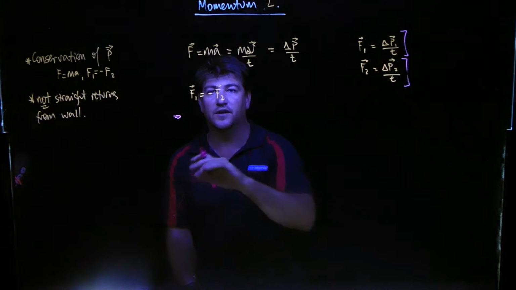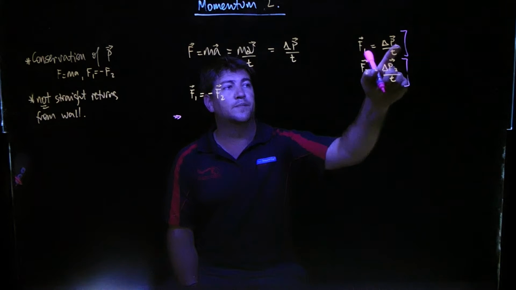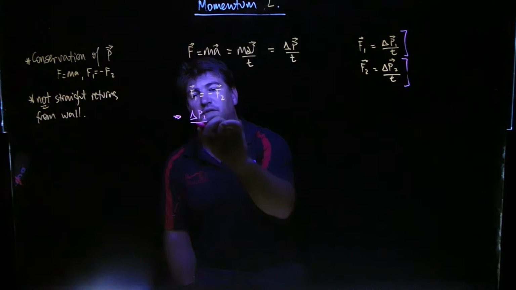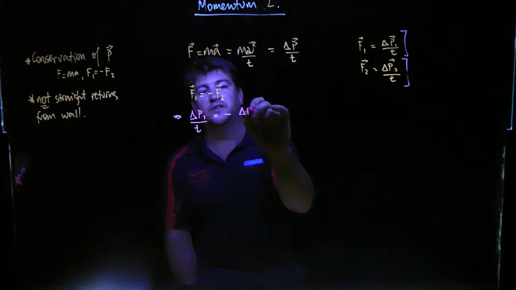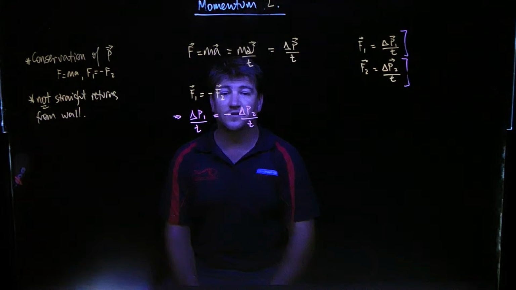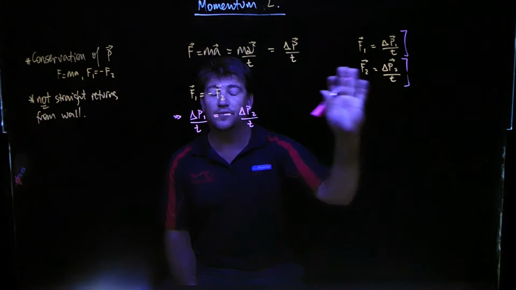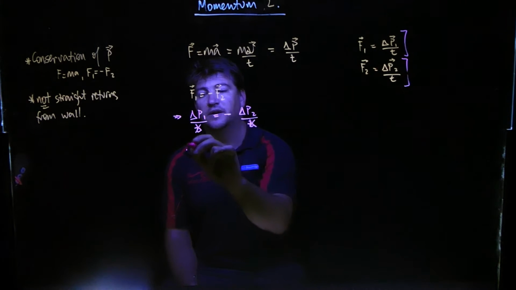That's why I've got the negative there, because it's the same size, opposite direction. Change of momentum 1, change of momentum 2. So F1, change of momentum 1 over t, is equal to negative change of momentum of object 2 over t. Now we're dividing both sides by t. T, as we said before, is the same, so these two cancel each other out.